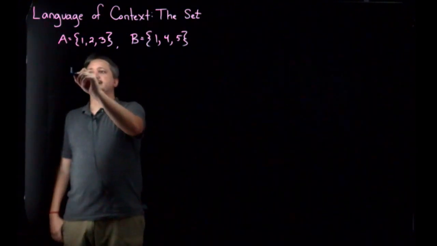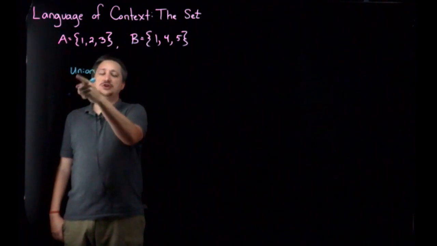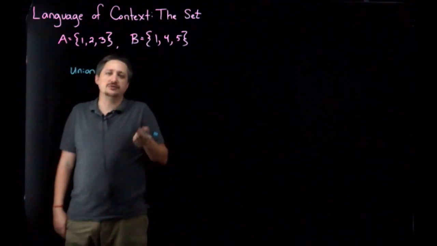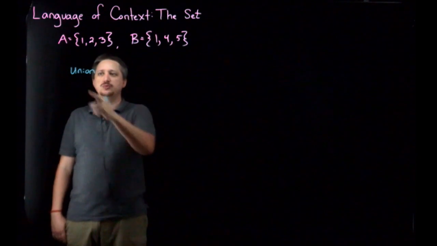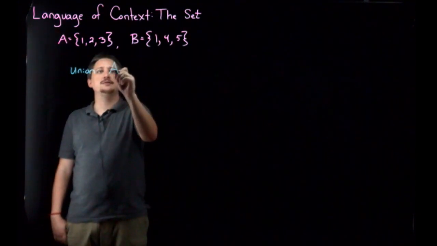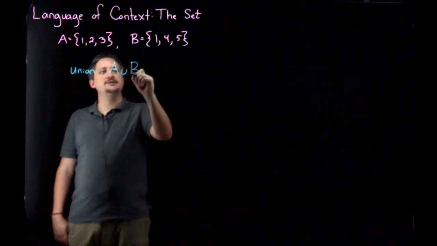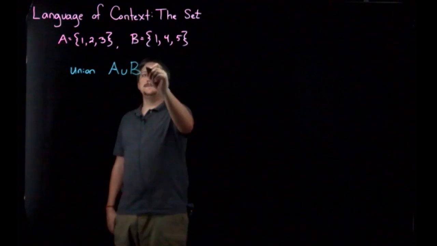The first one we're going to look at is called the union of sets. Union with U is literally written with a little u, but without the tail. So the union of A and B would be written A, little cup-looking thing, B. So this is A union B.